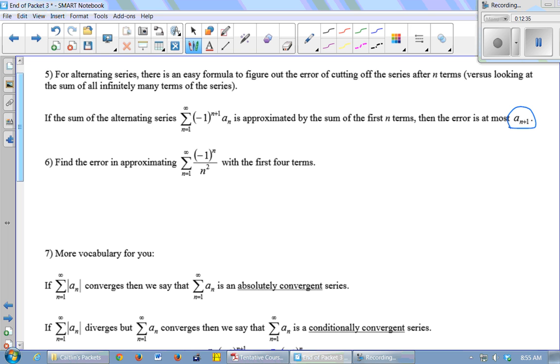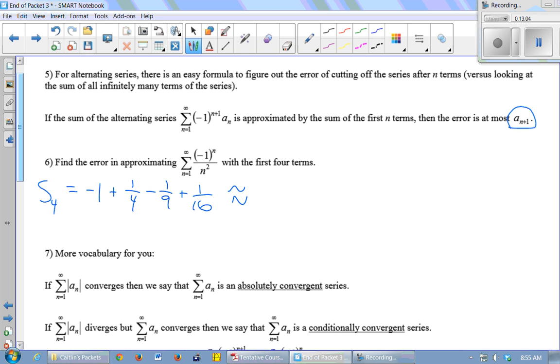So if I wanted to find the error in approximating the sum with the first 4 terms, so my fourth partial sum, when I plug in a 1, I get -1, and I get plus a 4th, minus a 9th, plus a 16th. Right? That's my fourth partial sum of the first 4 terms.